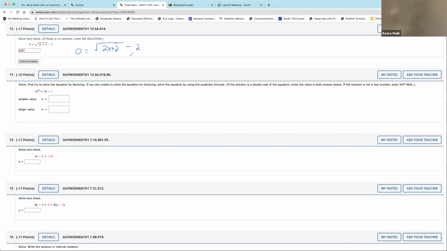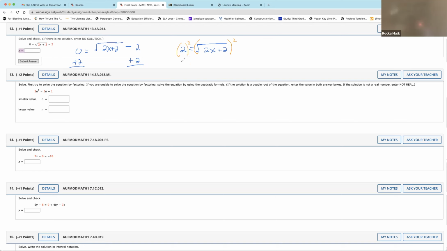I'm going to move this 2 to the other side. Now I have 2 equals the square root of 2x plus 2. And since I have isolated the square root business on one side, I can now square both of the sides. Square this and square this.